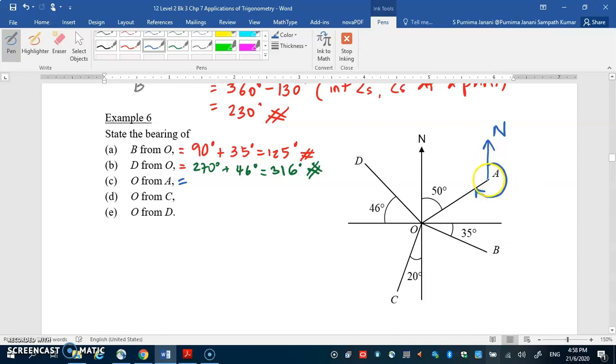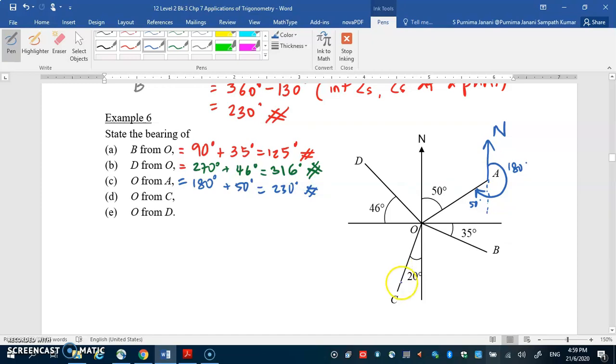So what is this angle? This is 50 degrees here, and this is 180 degrees here. So that's 180 plus 50, which is 230 degrees. Simple. Very good.